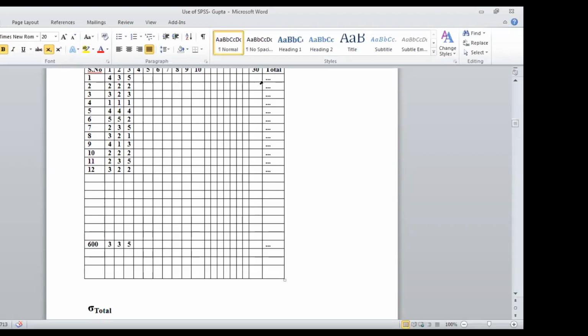Now what you can do is for each item, you can find out the standard deviation here.